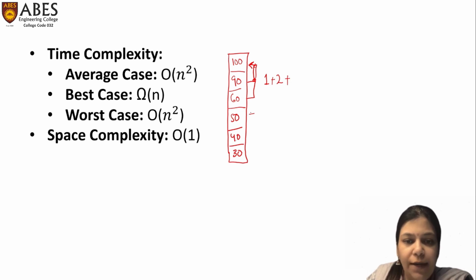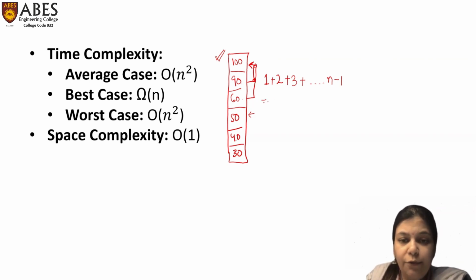Similarly, for the third iteration, the number of comparisons will be the number of elements prior to this key value, that is 3, and so on. So for the last element, the number of comparisons required will be n minus 1. Here we are discussing the worst case where the array which we have got as input is stored just opposite, that is in the descending order, and we want to sort it in ascending order.